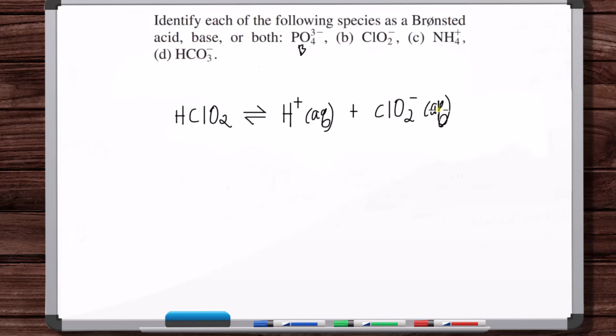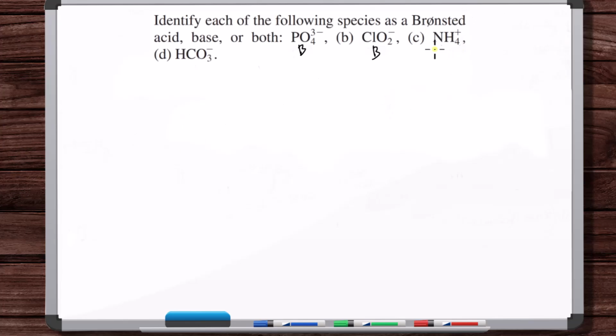Okay, now there's the species we're being asked about. So since this is a reversible reaction, in aqueous solution, this is going to act as a proton acceptor, right? So we can say this is a Bronsted base.